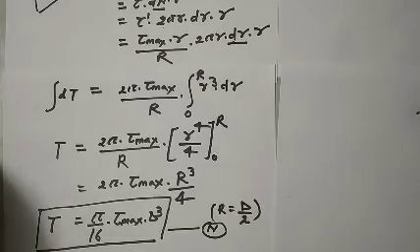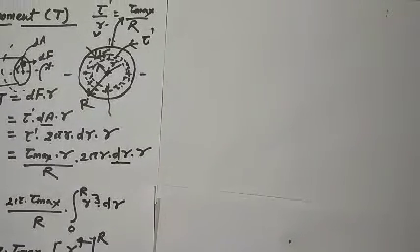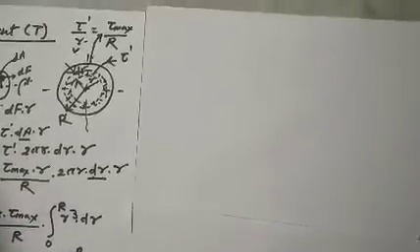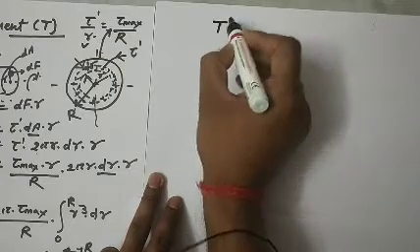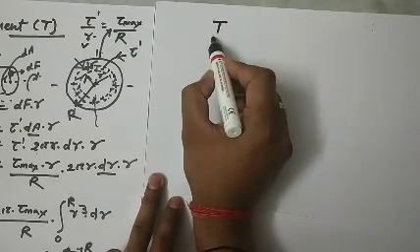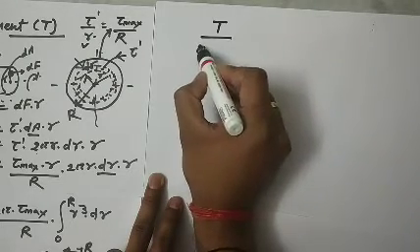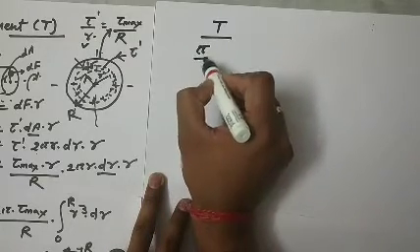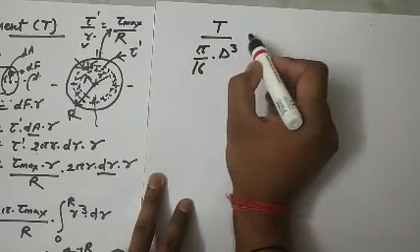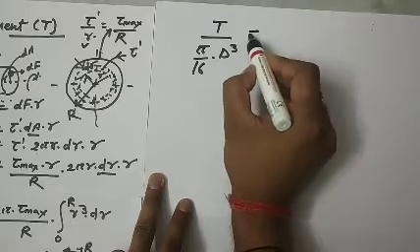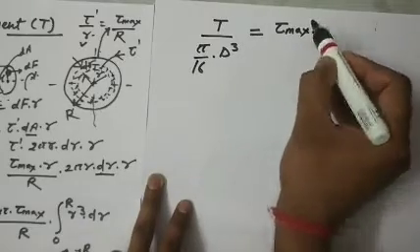Now this equation can be written in the form of T upon pi by 16 into D cube equal to tau max.